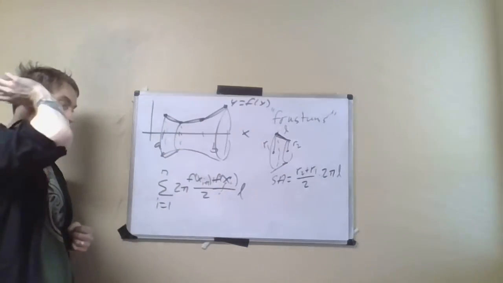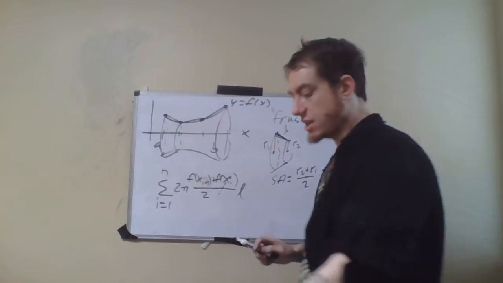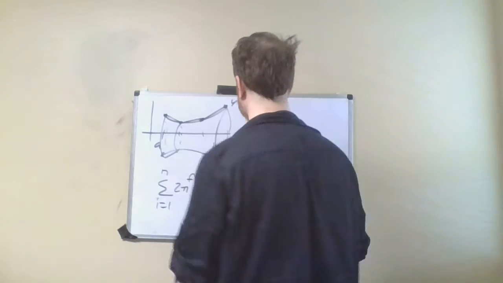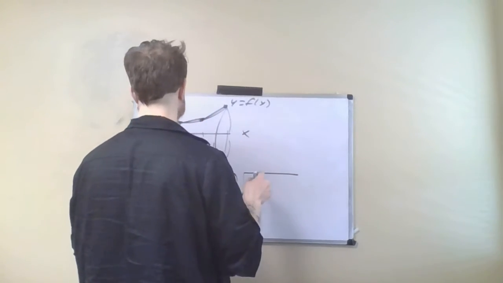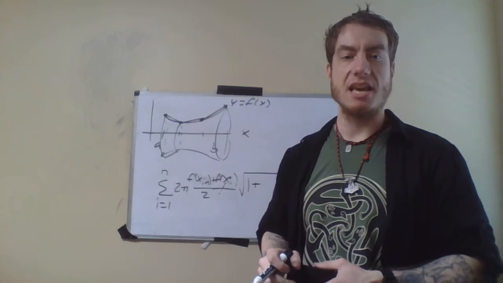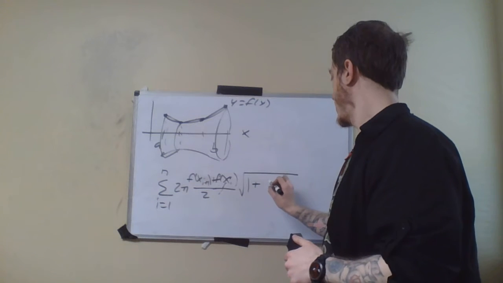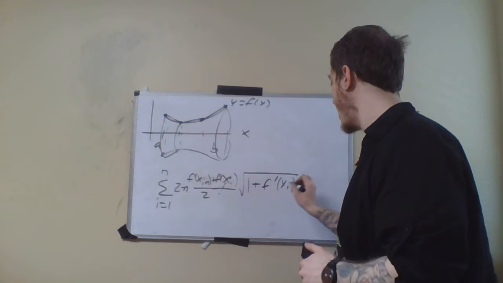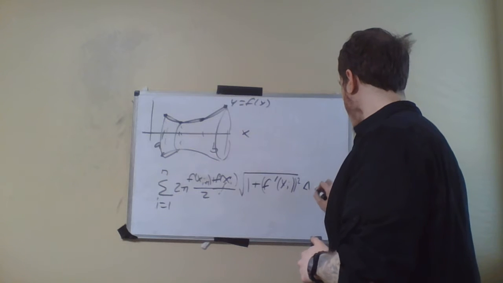And then we're still multiplying this by L, which I had to move down a bit. But what is the length of this thing? Well, using the Pythagorean theorem, the length is going to be the square root of 1 plus, technically speaking, we have to estimate it, but it comes out to be f prime evaluated at xi squared times delta x.